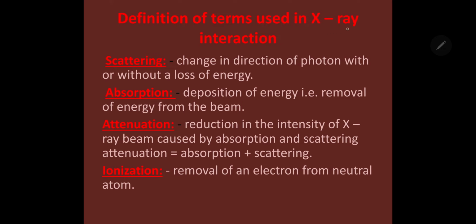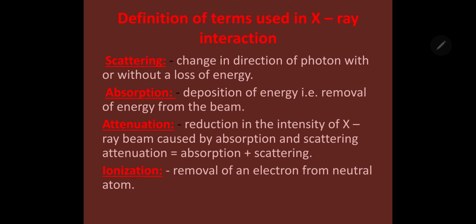Definition of terms used in X-ray. Scattering, change in the direction of a photon with or without a loss of energy. Absorption, deposition of energy, removal of the energy from the beam.